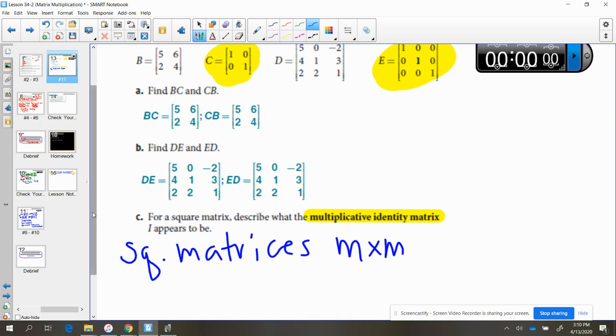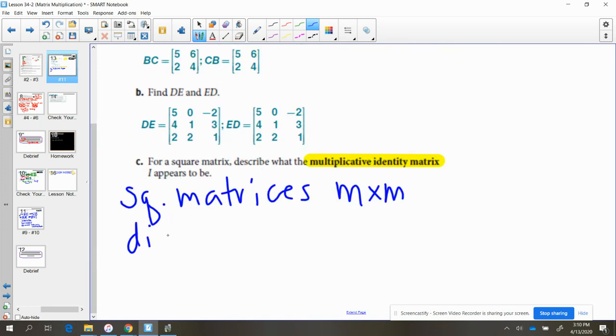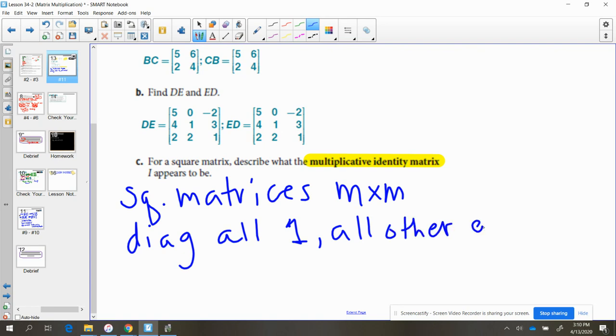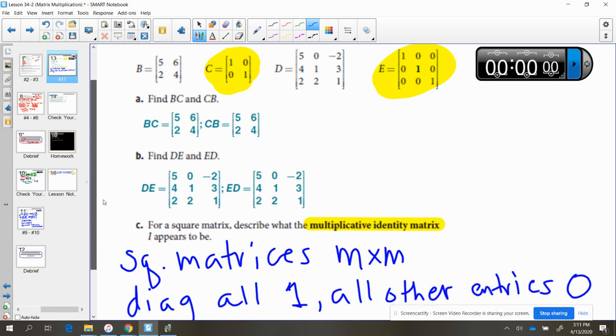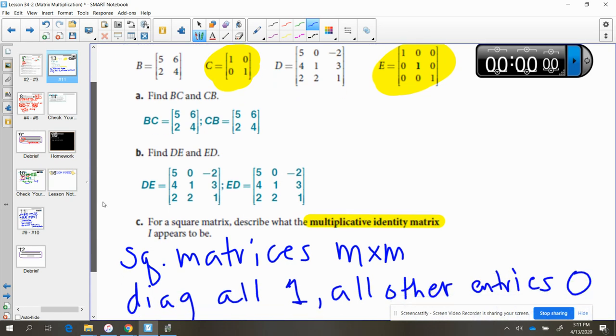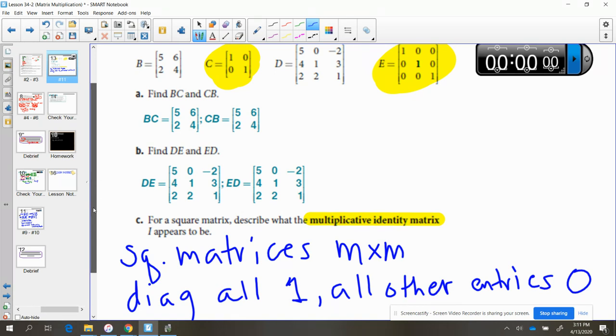Diagonals all 1, all other entries are 0. And when you multiply something by an identity matrix, again, this is only for square matrices, you're going to get the same answer either way you multiply, and it'll be the same as the non-identity matrix.